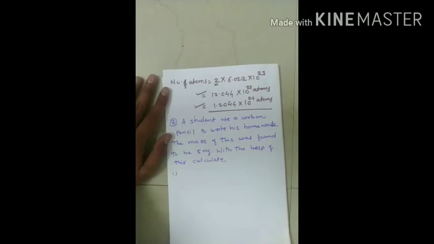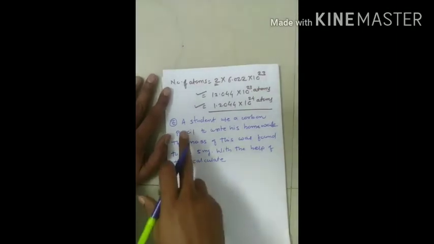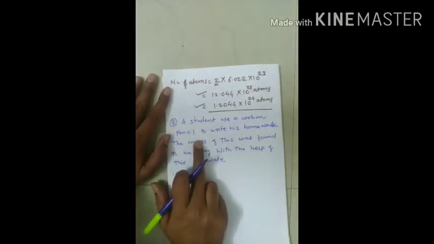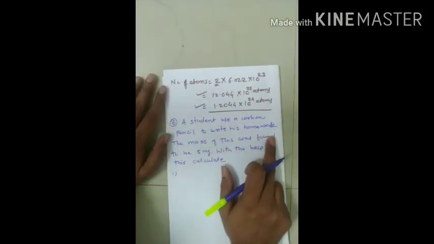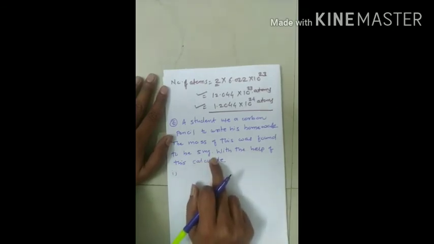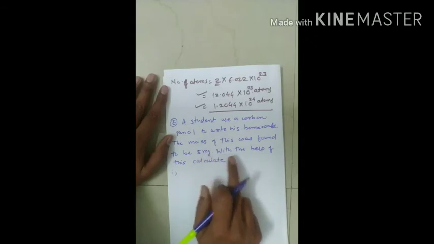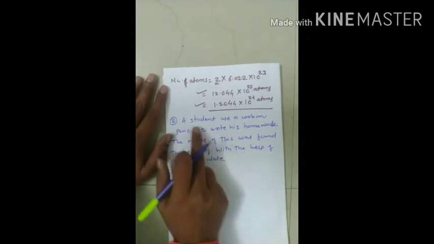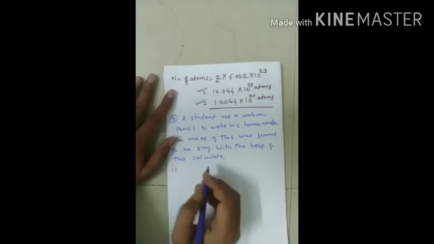Now moving towards our fifth question. The question is like this: a student used a carbon pencil to write his homework. The mass of this was found to be 5 milligram. So this is the data given. With the help of this, what do we have to calculate?